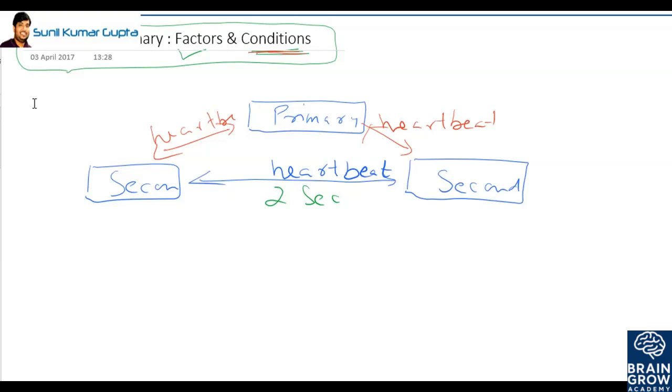If they don't get a reply to the heartbeat for more than 10 seconds, then they will mark that node as unavailable.